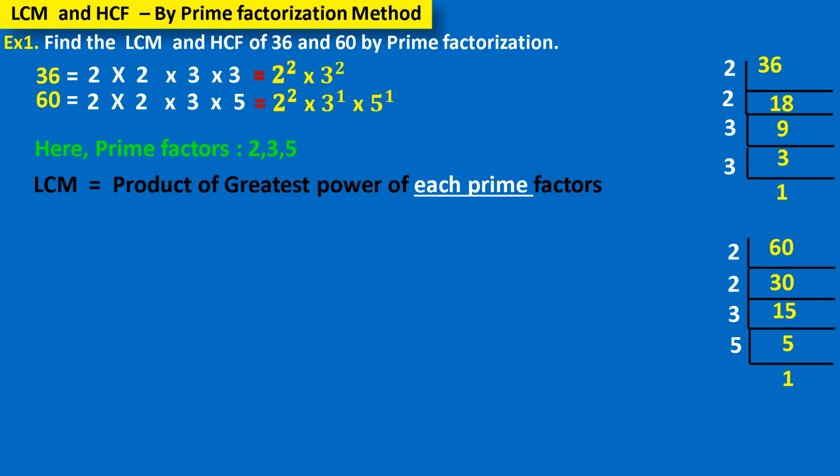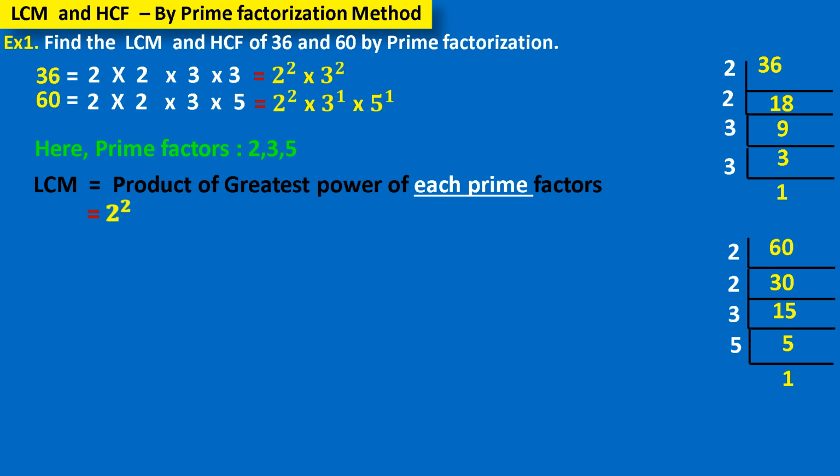For prime factor 2, which is the greatest power? Both are equal, so we take it as smallest or greatest. Now here 2 square.